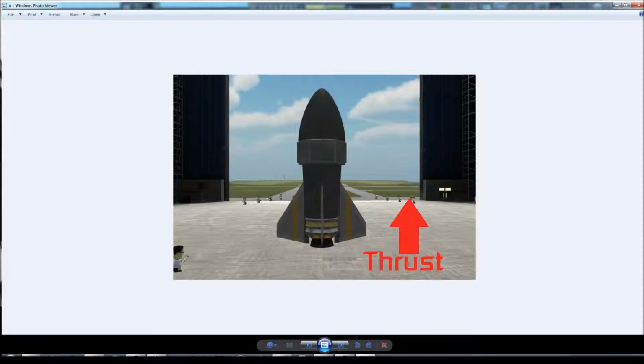The point is they drive the rocket or thrust it forward. When a rocket's launching, however, there's another force operating on it. This is the weight. Now the weight is calculated easily as the mass multiplied by local gravity, and we measure both of these things in newtons.